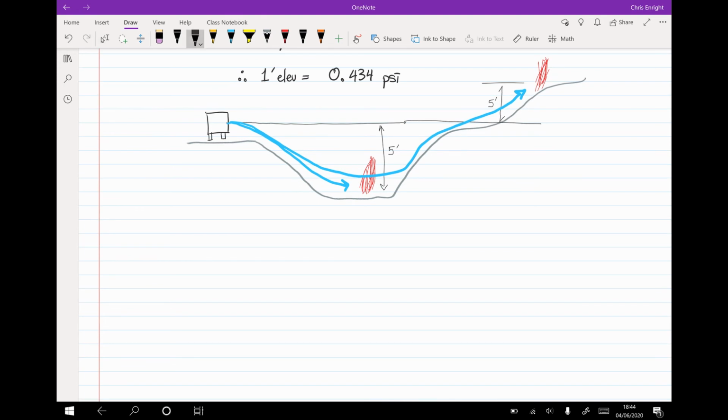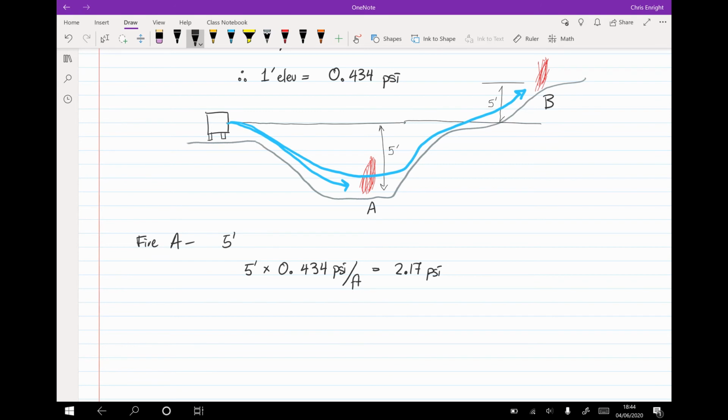So for this first fire, so A and B, fire A, that's 5 feet down. So 5 feet times 0.434 psi per foot, that gives us 2.17 psi. Is that psi I have to pump against, or is that psi I don't have to pump? Because we're going down, it's psi I don't have to pump.